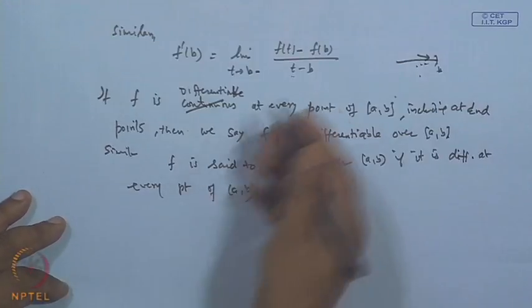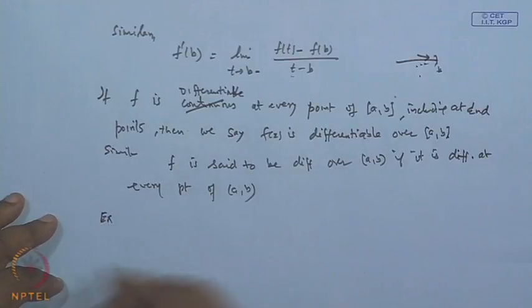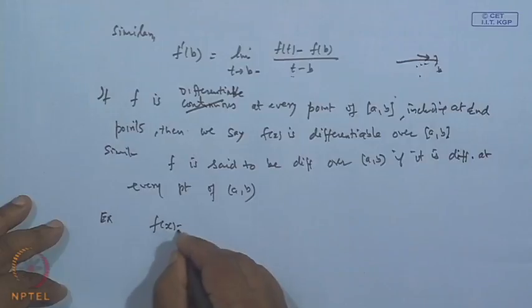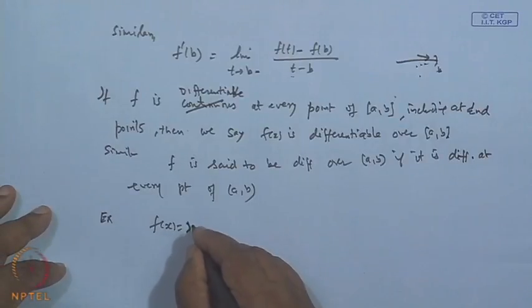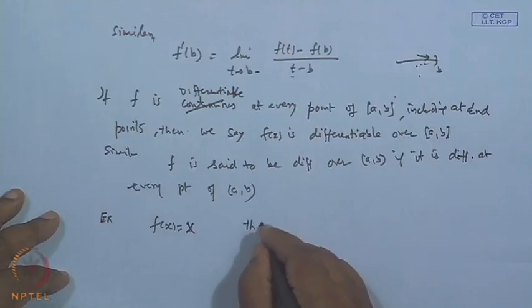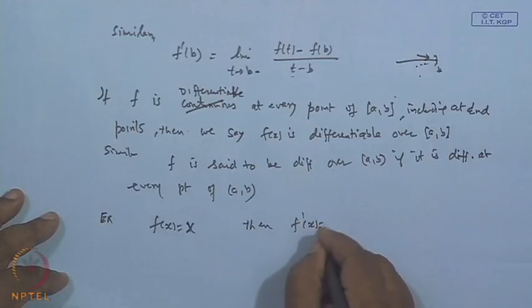Now, using this definition, one can easily show that if f(x) equals 1, the derivative will be 0. If f(x) equals x, then the derivative of this function will be 1.